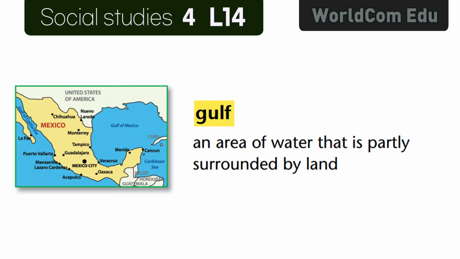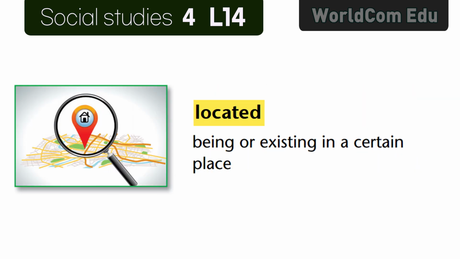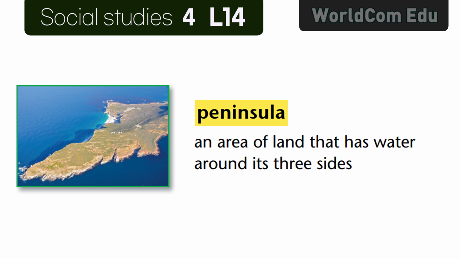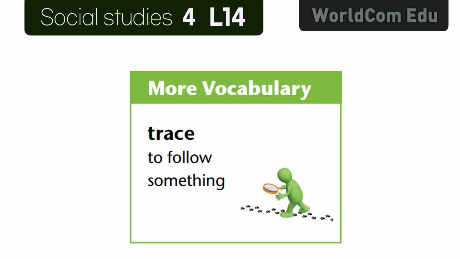Gulf. An area of water that is partly surrounded by land. Located. Being or existing in a certain place. Peninsula. An area of land that has water around its three sides. Trace. To follow something.